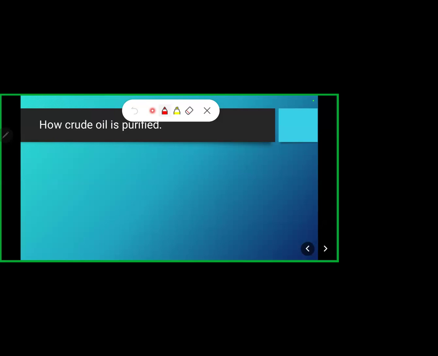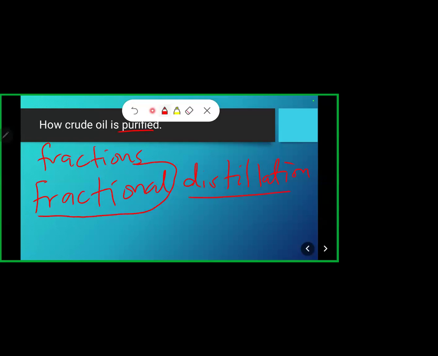So since we talked about the different fractions that we need to obtain from crude oil, that means the way we purify it is by fractional distillation. And we said fractional distillation, we use it for those substances that have differences in their boiling point. Don't just say it's purified by distillation. It must be fractional distillation.